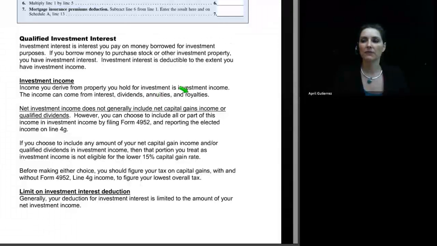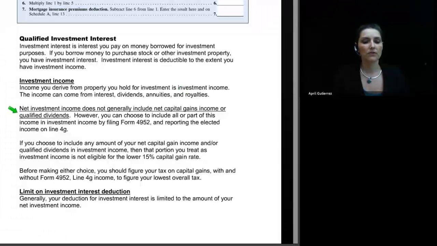Other kinds of income that we might think of as investment income are not investment income, and key among those is capital gain income. Capital gains are, well, capital gains. Investment income is interest and dividends and royalties and rent. So if you have investment interest, you're allowed to claim a deduction for it if you had investment income.